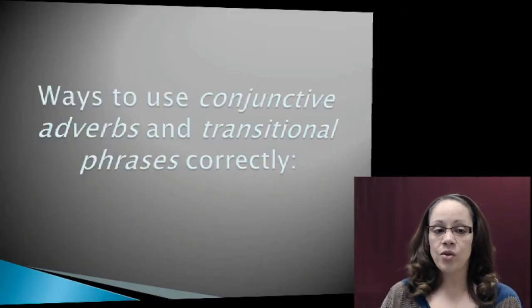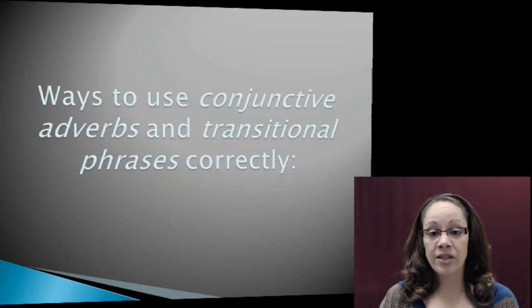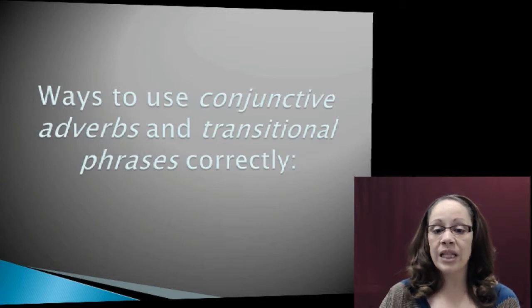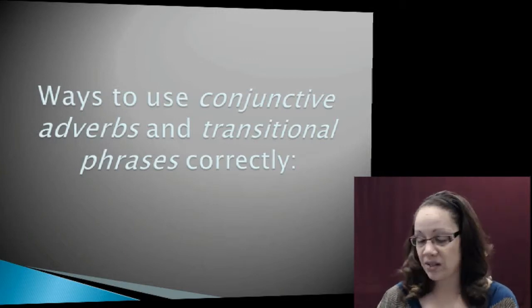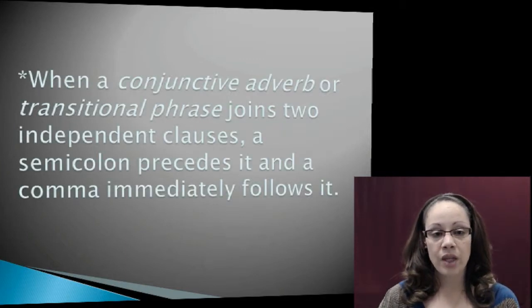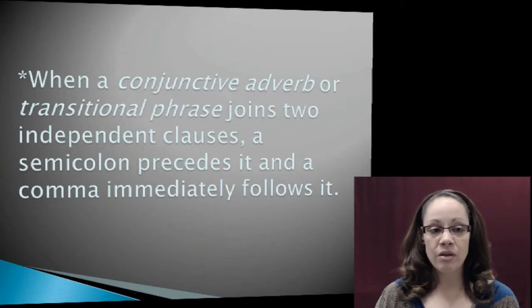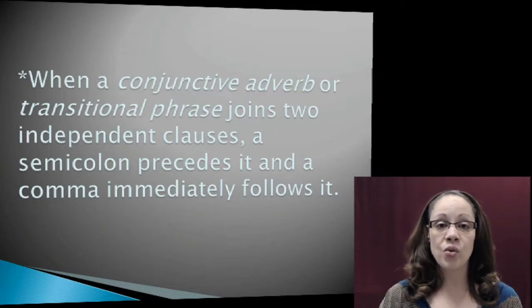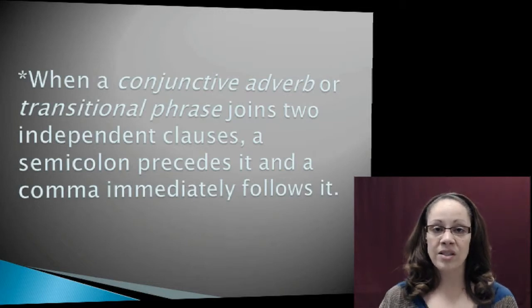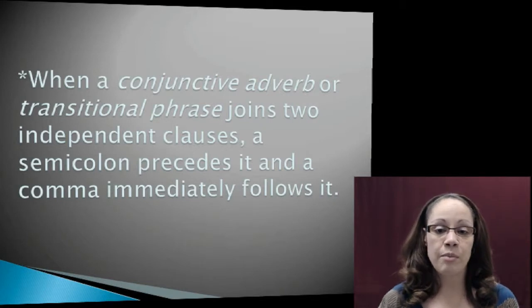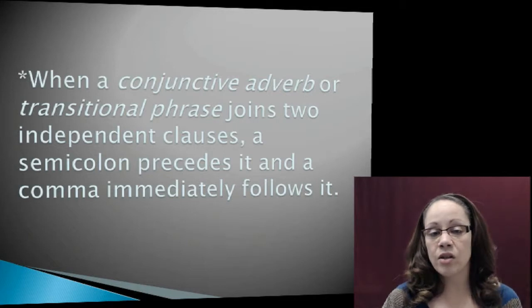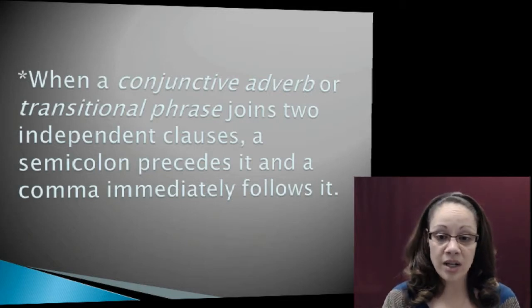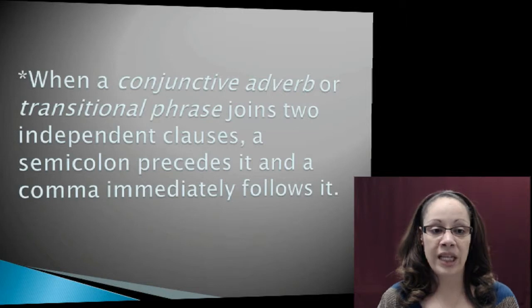Now, there are ways to use conjunctive adverbs and transitional phrases correctly, and punctuating them correctly eliminates those run-on errors that we might have otherwise. When a conjunctive adverb or a transitional phrase joins two independent clauses, and remember we stated in a previous slide as well as a previous module that an independent clause is a fancy way of saying we have a sentence, and a sentence must have a subject, a verb, and express a complete thought.